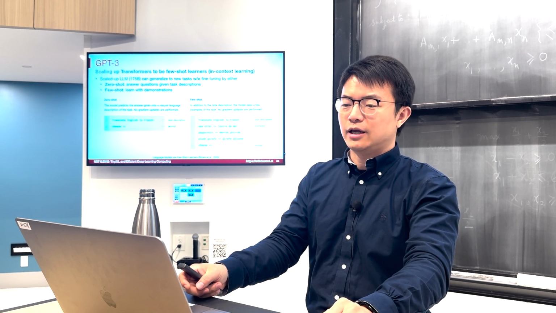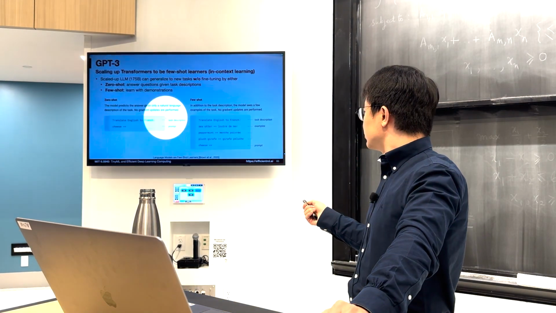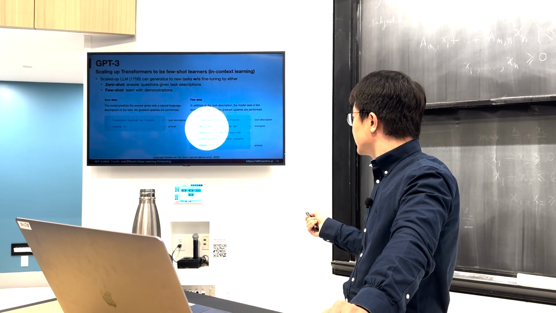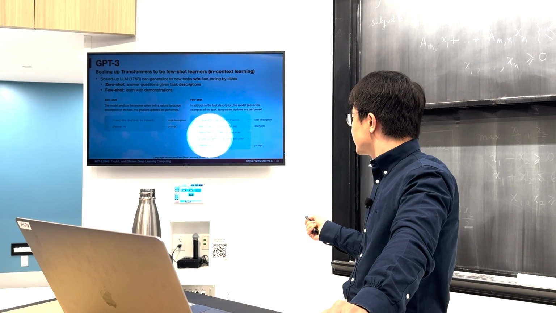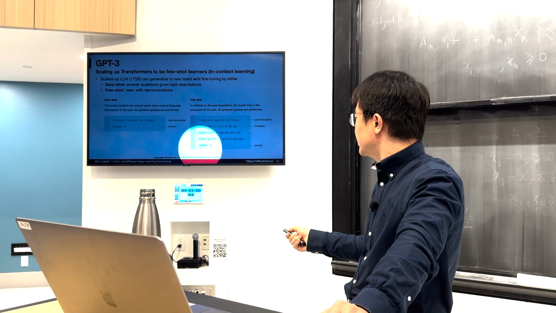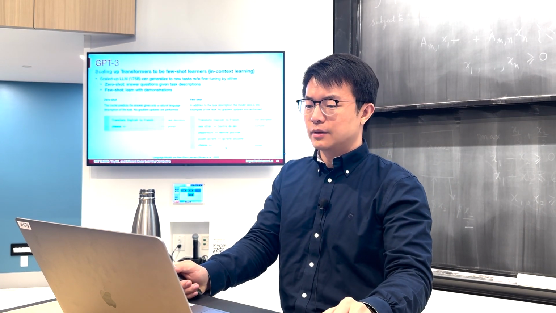We never trained on that. And for few-shot learning, in addition to the task description, we also give it a few examples. English-French pairs, and then given a new English word, it's going to predict the French. So that's few-shot learning.